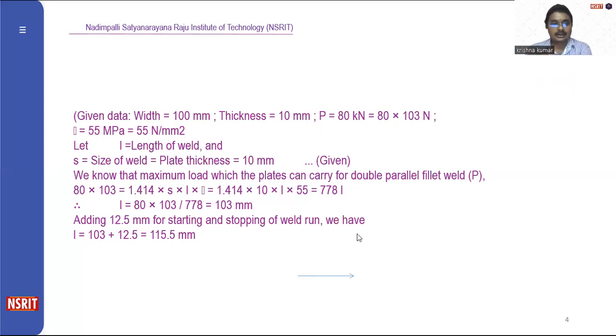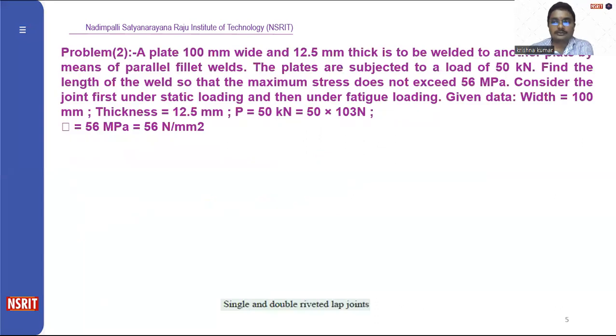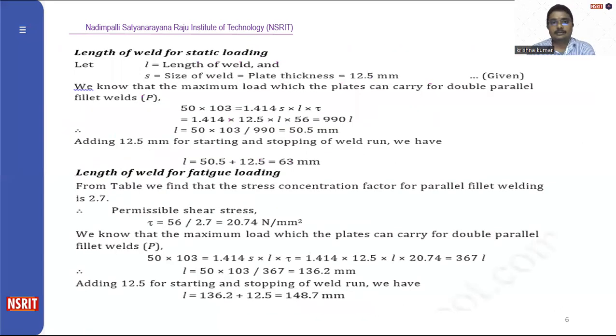Adding 12.5 mm for starting and stopping of the weld run, we get l is equal to 103 plus 12.5, which is 115.5 mm. Like this we can solve.